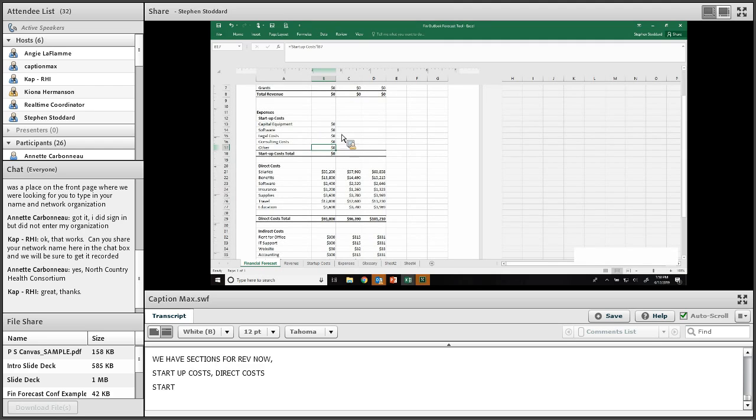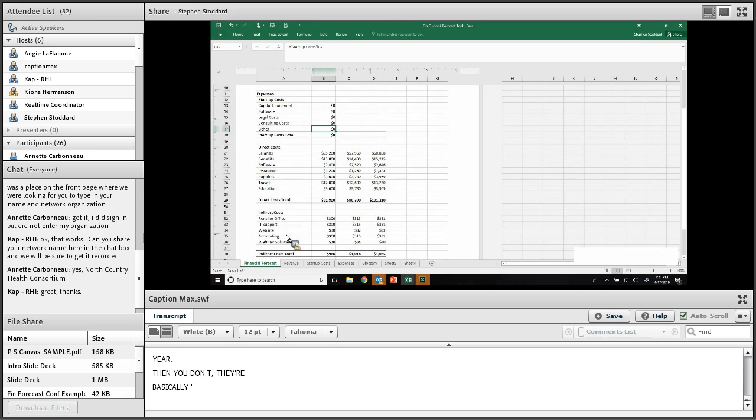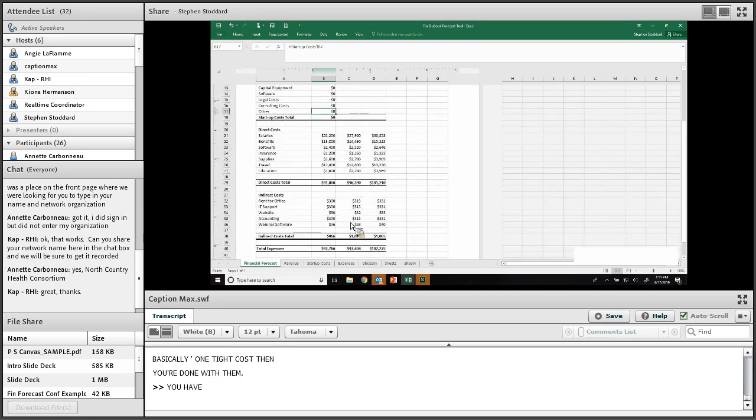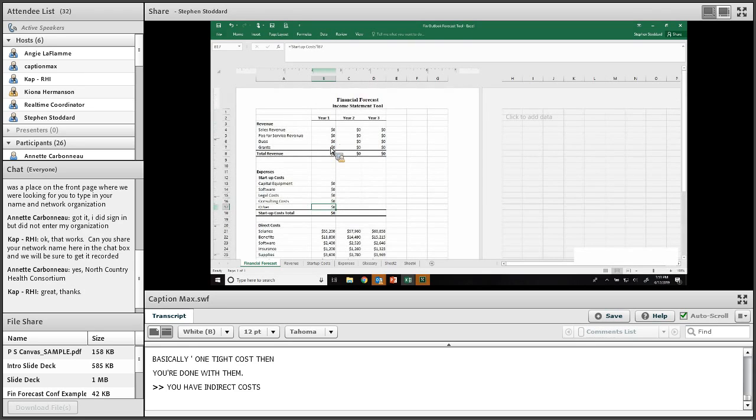We'll jump over now to the actual financial forecast tool that you have as well. This spreadsheet is very similar to the conference example, except the intent of this is for you to use it to project your financial forecast for your network's business or service, to use as a tool for that.